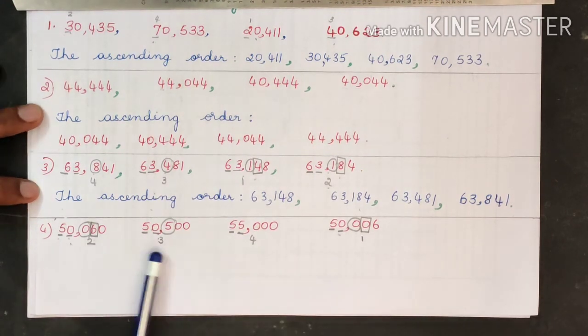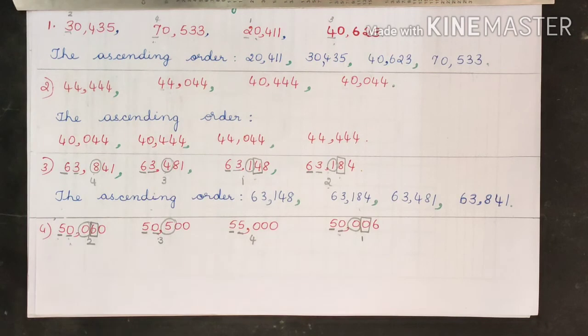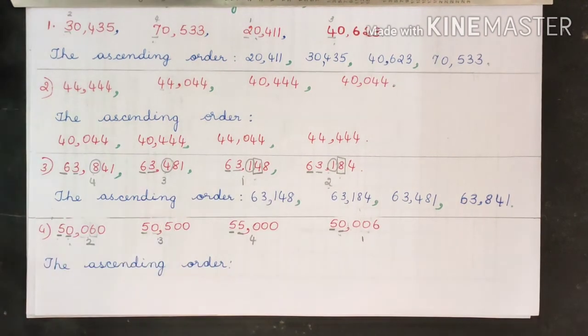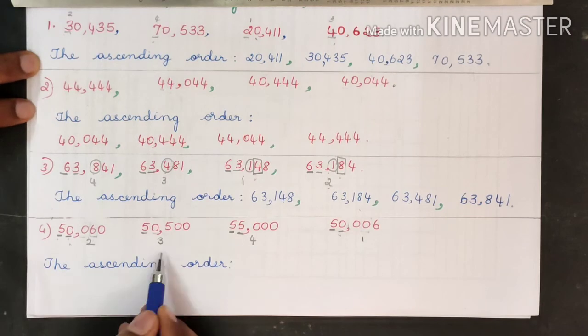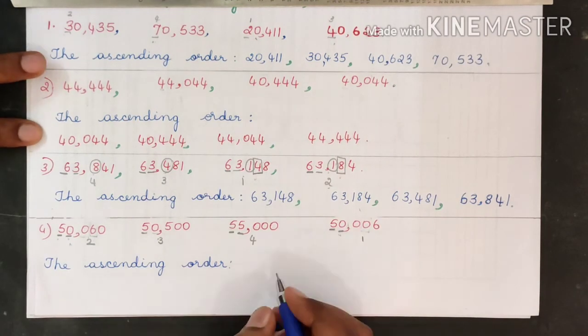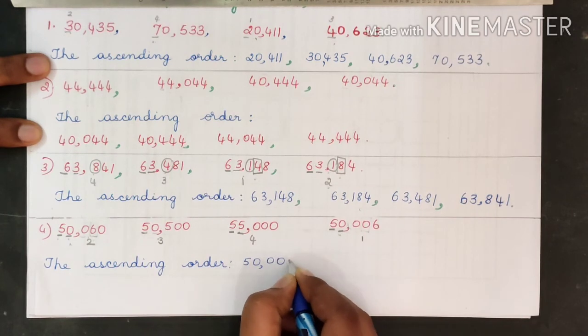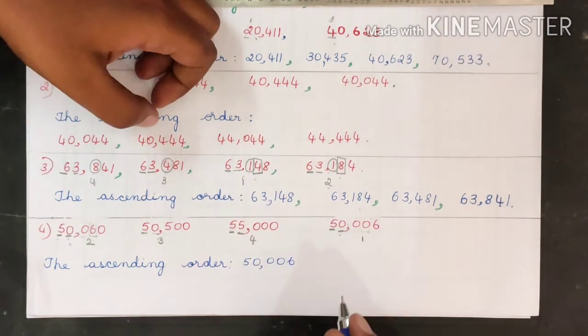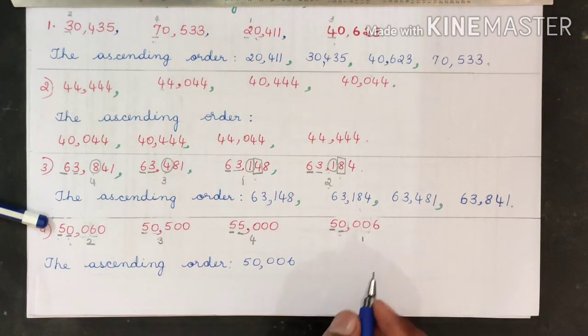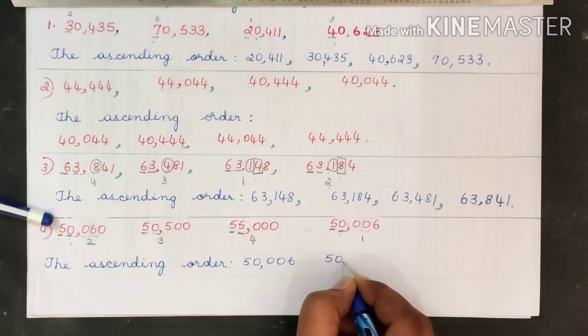When we do it this way, it will be still easier for us to arrange the numbers in ascending order. Now let us see the numbers and arrange it in ascending order. First was 50,006. Second comes 50,060.